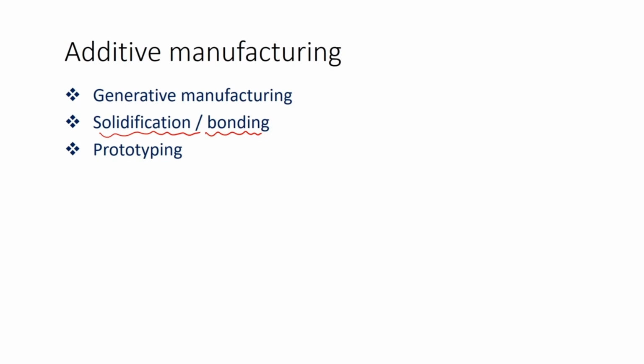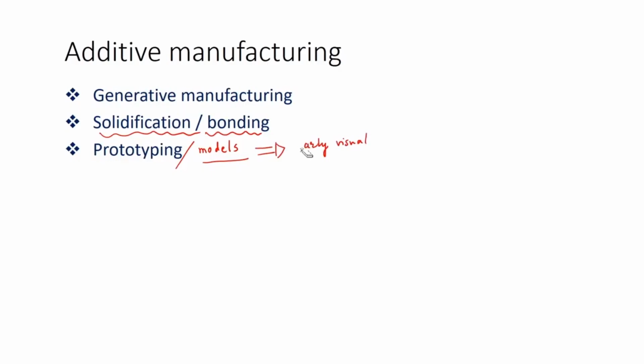Engineers are using 3D printing or additive manufacturing processes to develop prototypes and models, and these are useful for visualization of the product shape in its early phase of development.